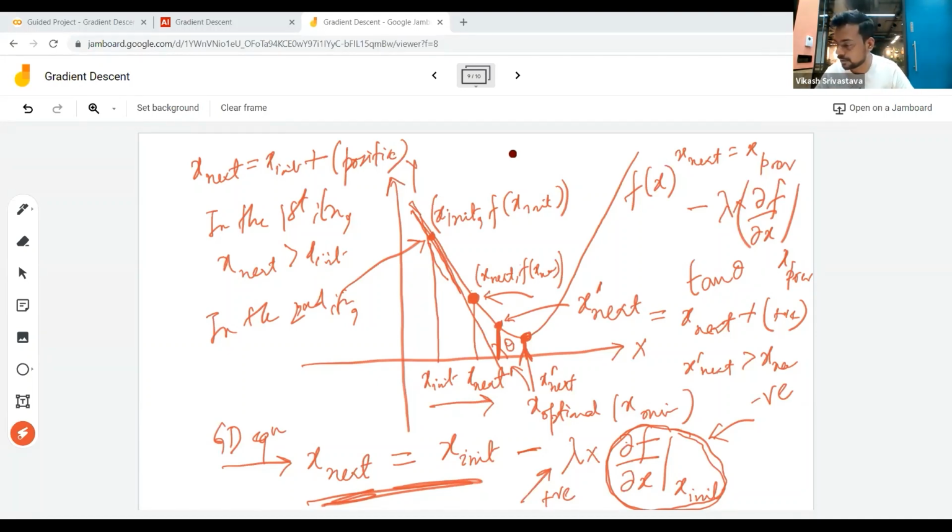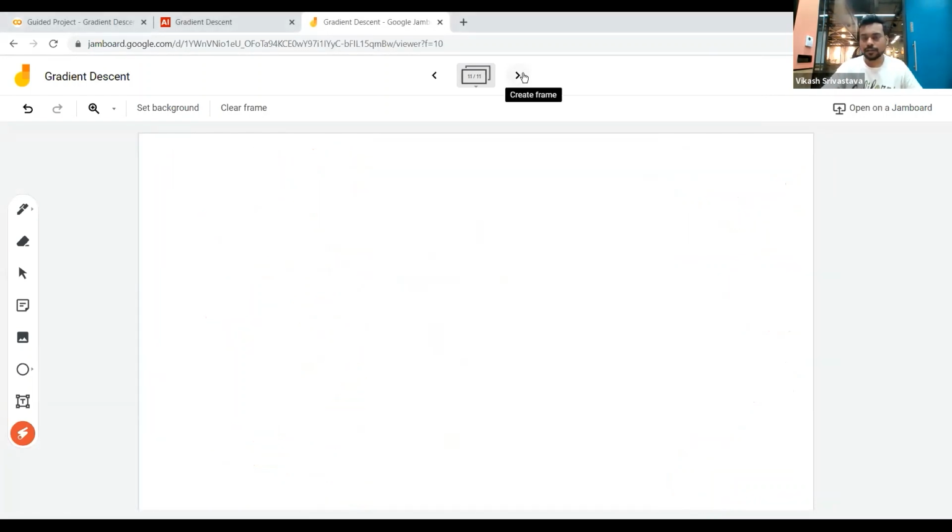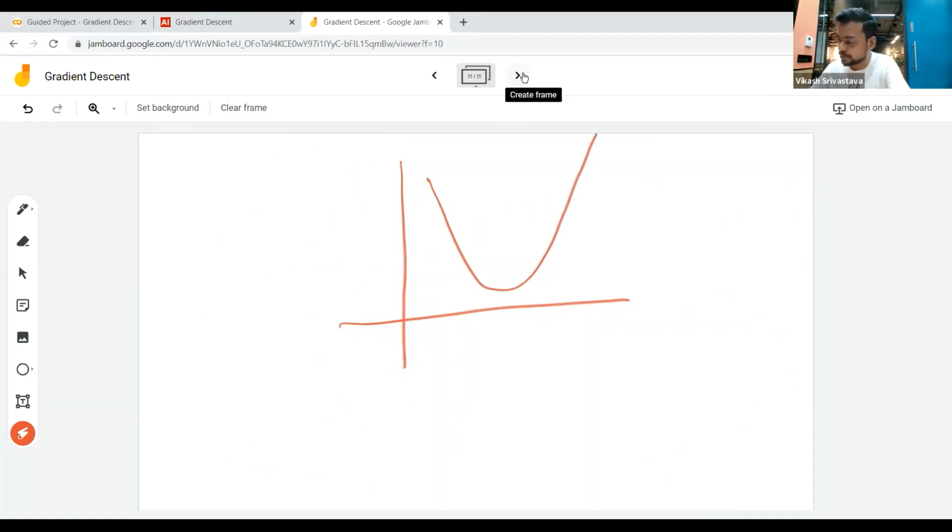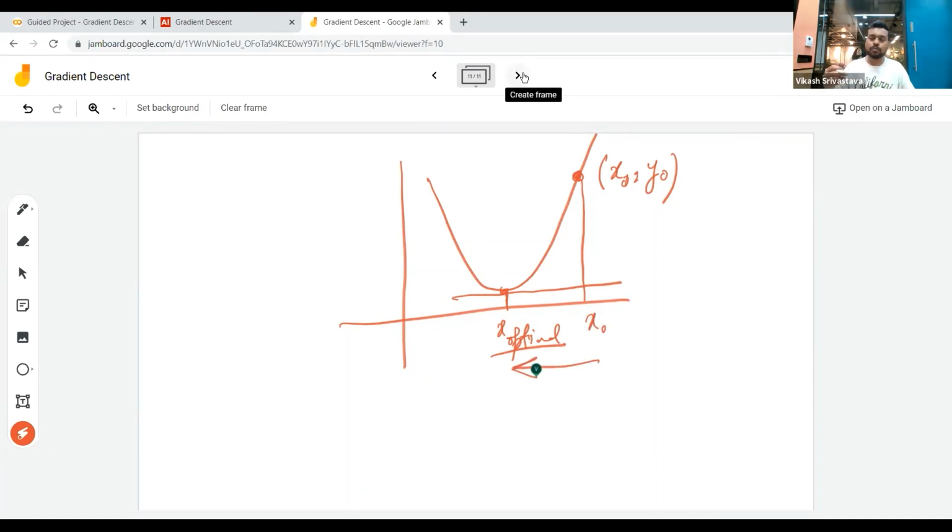So let's take another example. We have the same function, but now we don't want to start on the left hand side, we want to start on the right hand side. Let's call this x naught, y naught. Of course this is the minima, so let's call this x optimal. The idea is we want to move in this direction because we want to move to the minimum of the function.